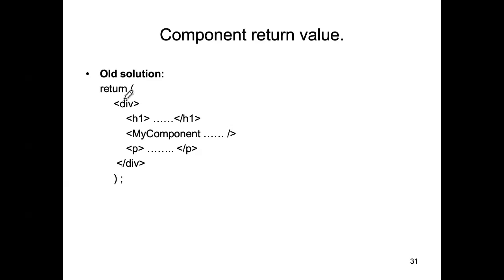And the only reason the div nodes are there is to satisfy the React constraint. But in a very large application, that may mean that your DOM tree is a much deeper tree structure than it really needs to be.